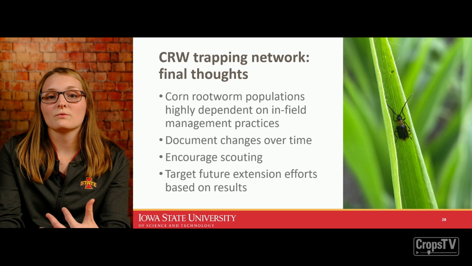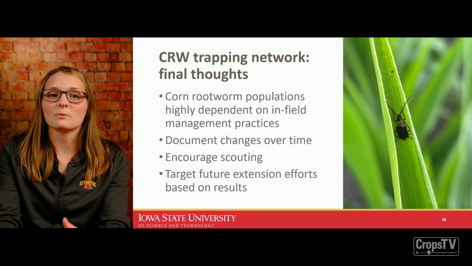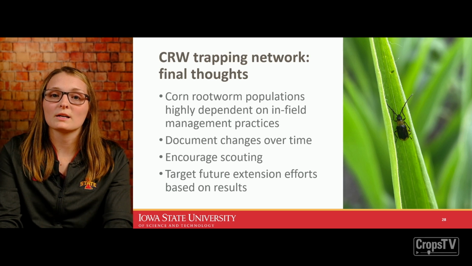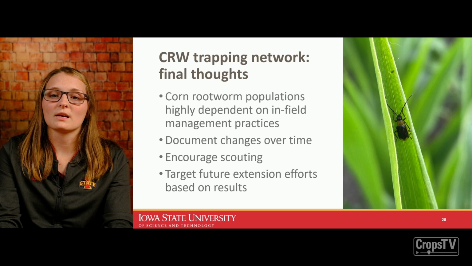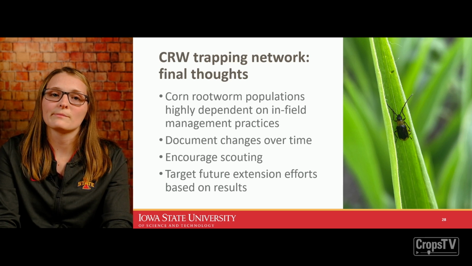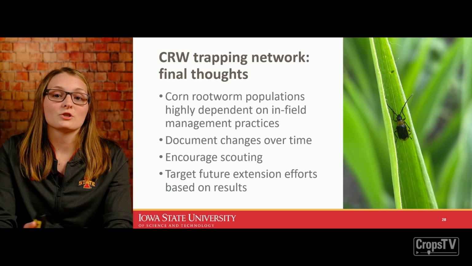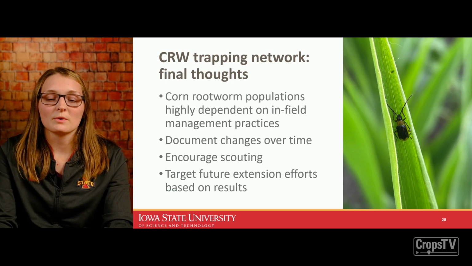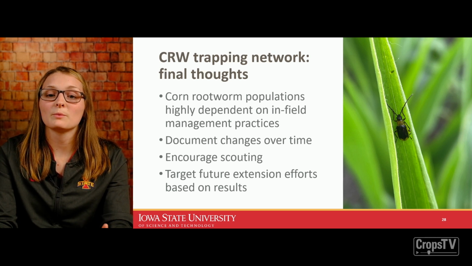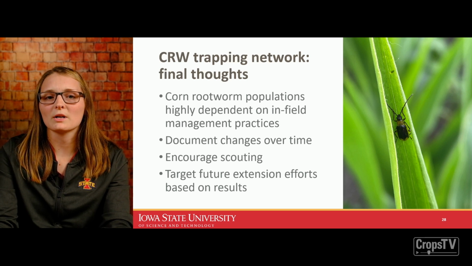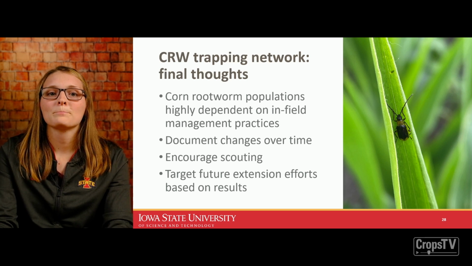And the latter is what's really important to us and sparked some interest in this effort, because we have been hearing a lot of people say that they have been seeing more northern corn rootworm in their field, and we're not sure if maybe there's a shift in which species is more dominant in these fields, or maybe it's the first time that people are out and noticing them in such high numbers. So it's something that we just want to keep an eye on and document over time.